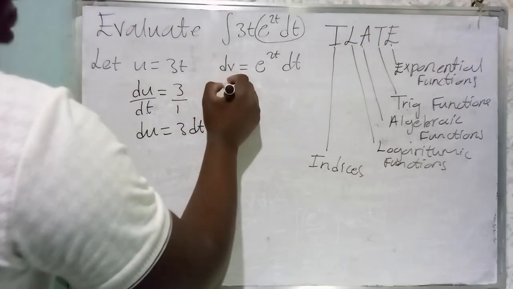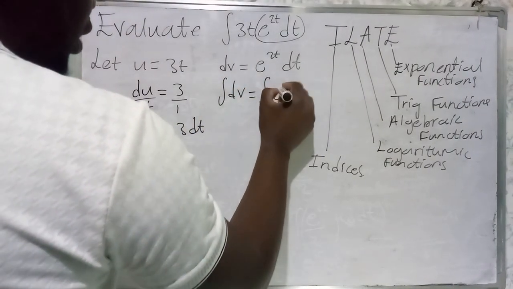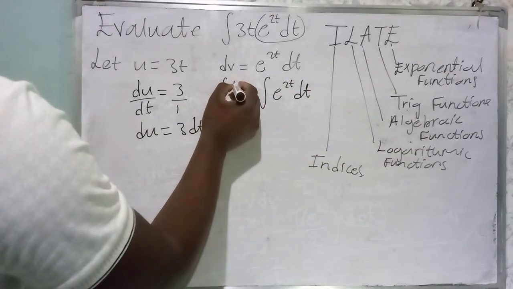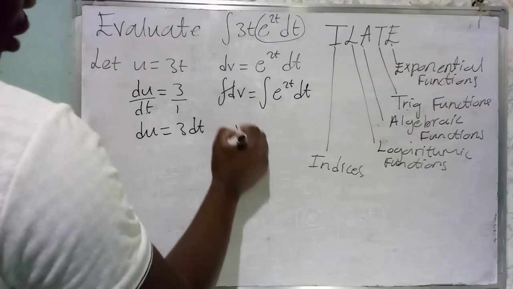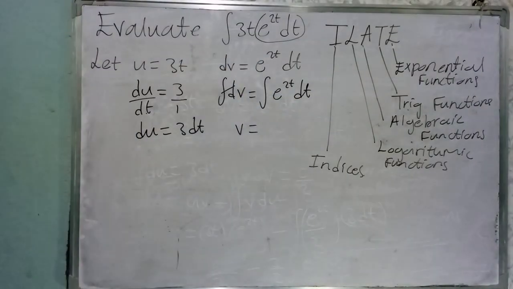So it's going to be the integral of dv equal to the integral of e to the power 2t dt. The integral and d cancel, and we have v equal to the integral of this. So what's the integral of e to the power 2t?